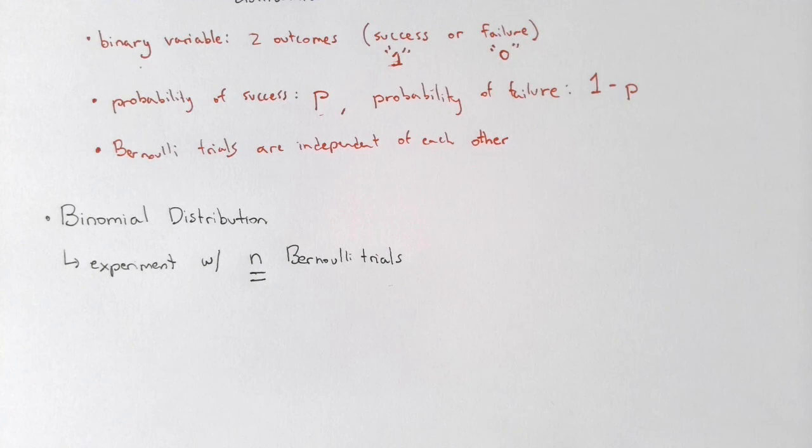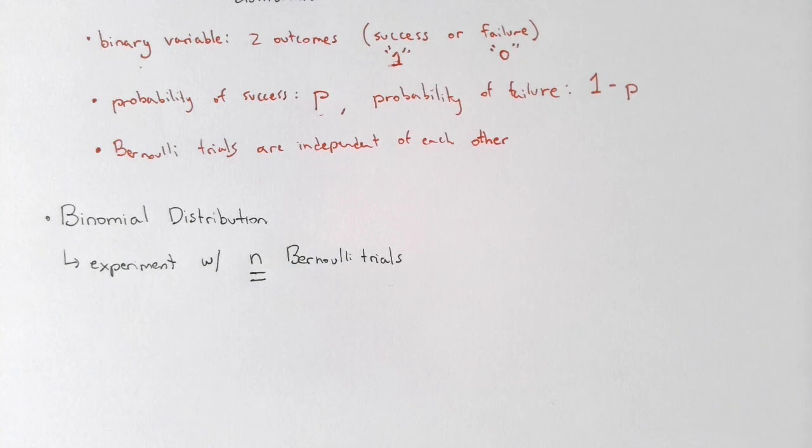Now here, this is something important. I remember back in maybe the first day or the second day of class, one of your classmates asked, how does the probability change the more you do something, the more you run an experiment, the more you repeat it? Now, what we're learning here from the Bernoulli trial is that each trial is independent of the one before it.